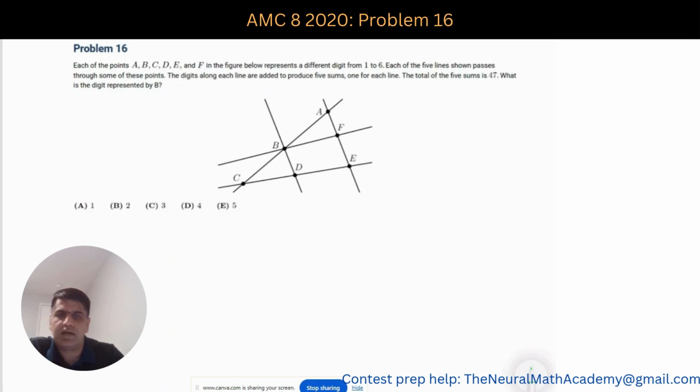So first we can represent the sums in terms of the alphabets which are given.